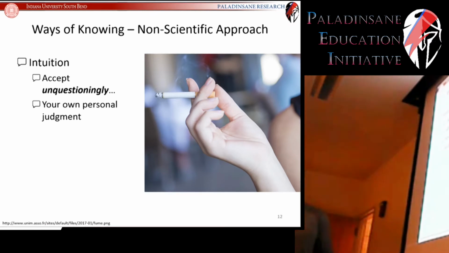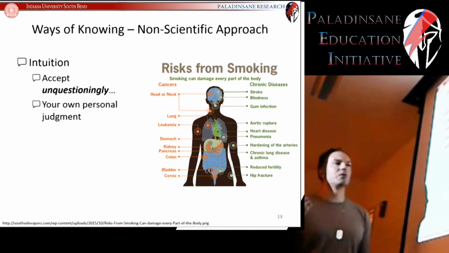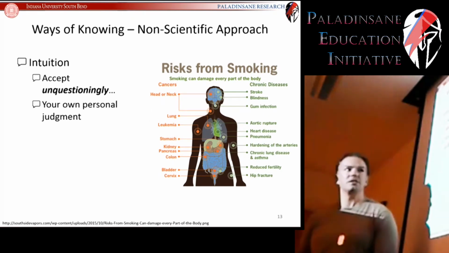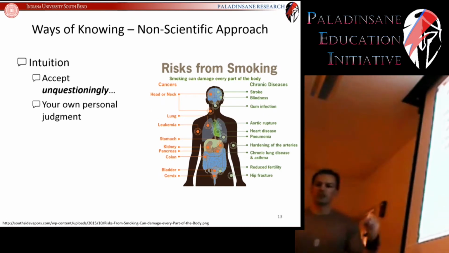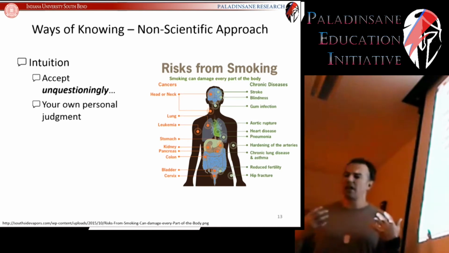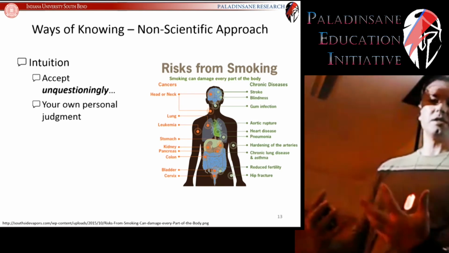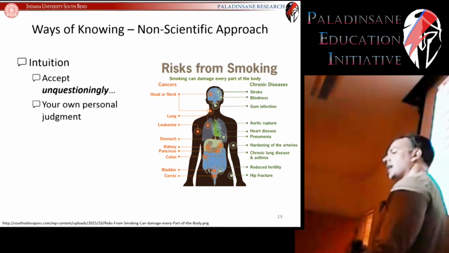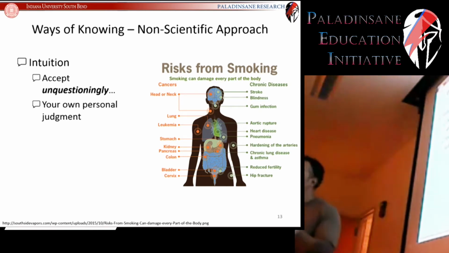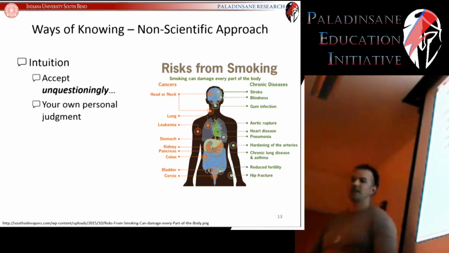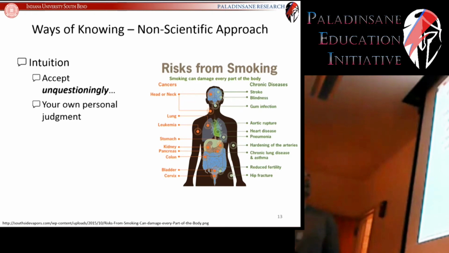It was very well established that there were risks of smoking. There was increases in lung cancer. There was increases in heart disease. There was a lot of scientific evidence that showed that smoking was very harmful, but a lot of people resisted that scientific evidence because of their own personal judgment.